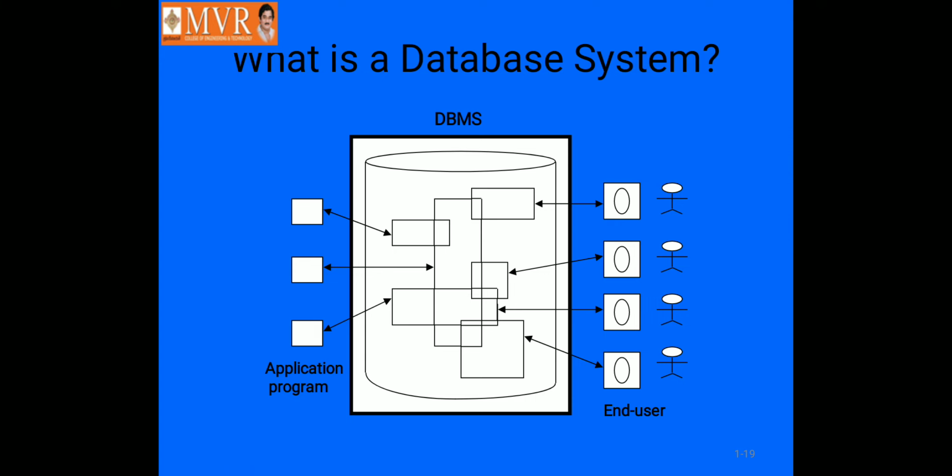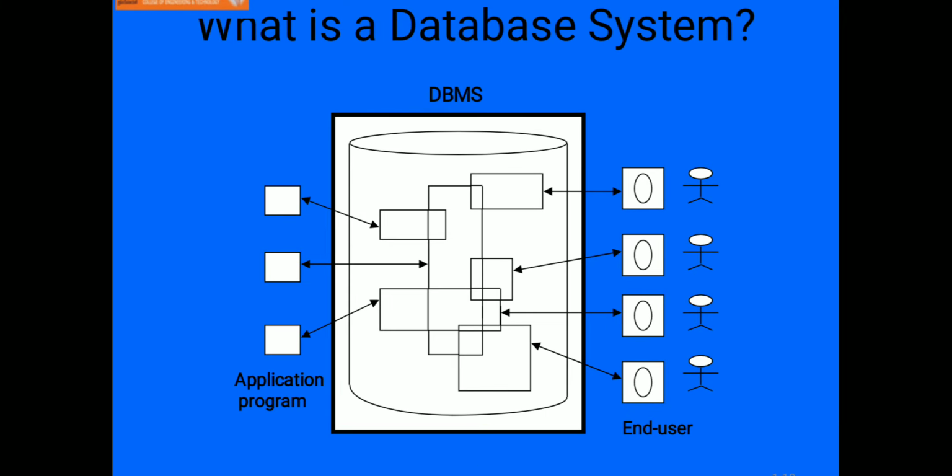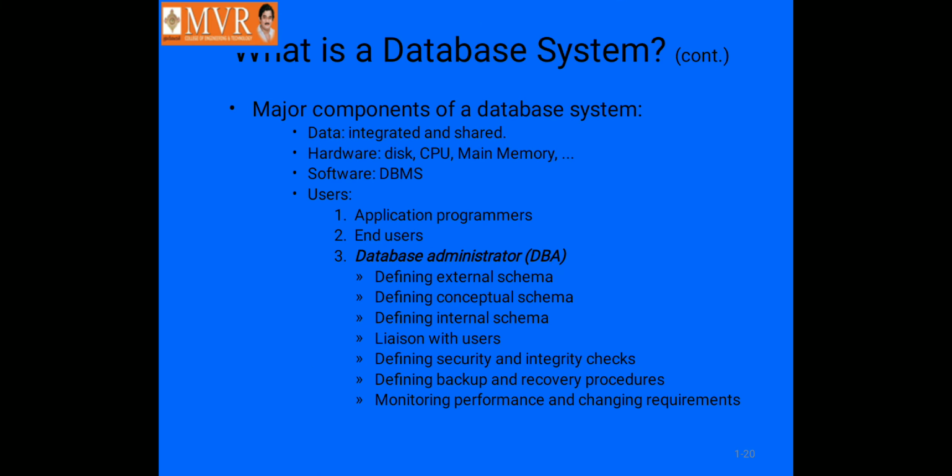What is a database? Every time I am telling only this: a database is the interface between the application program and the end user. The major components of the database system are data, integrated and shared; hardware: disk, CPU, main memory; software: DBMS; users: application programmers, end users, database administrator.